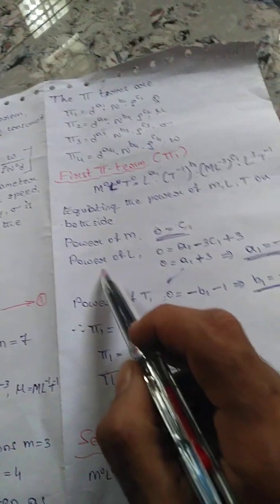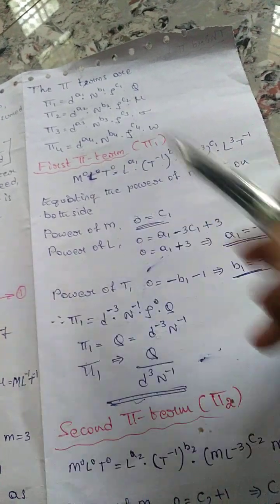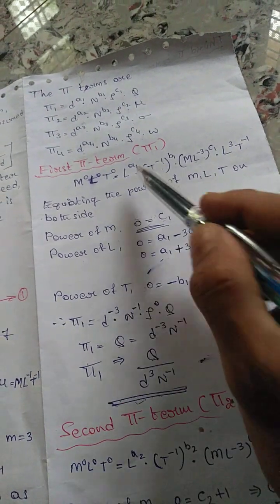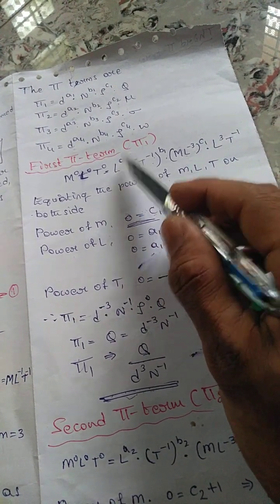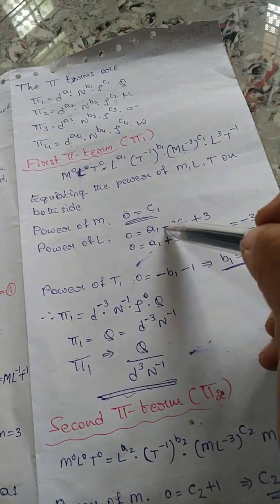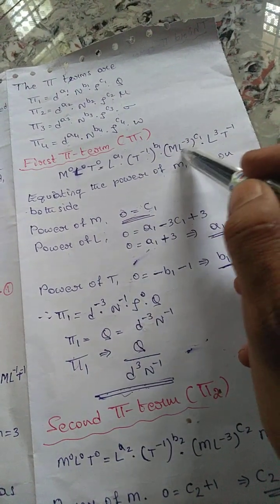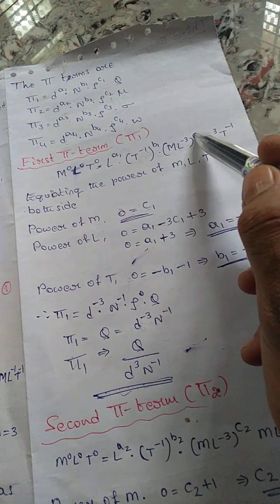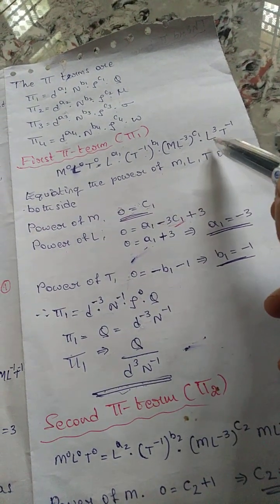Now the power of L. The power of L on the left hand side is 0, so it is 0, and on the right hand side we will see. Here is an L, the power is a1; here is an L, there is no L here, so the power is minus 3 into c1, that is minus 3 c1, so plus.